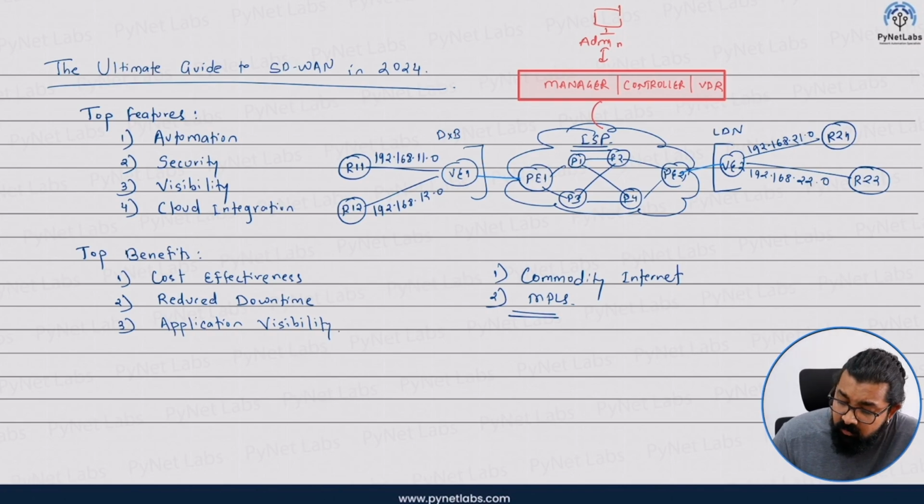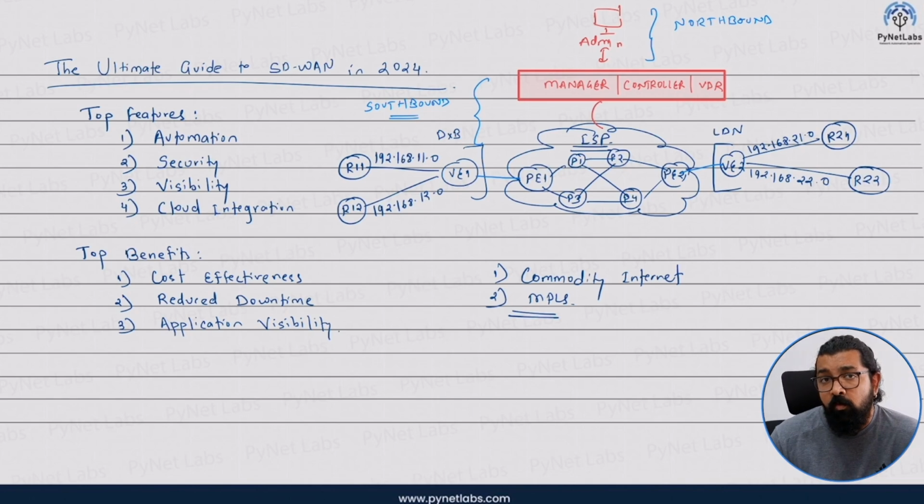So in the SDN world, this communication is known as northbound communication, and this communication is known as southbound communication. So the communication between you and the controllers would be known as northbound, and the communication between the controllers and the infrastructure is going to be known as southbound.